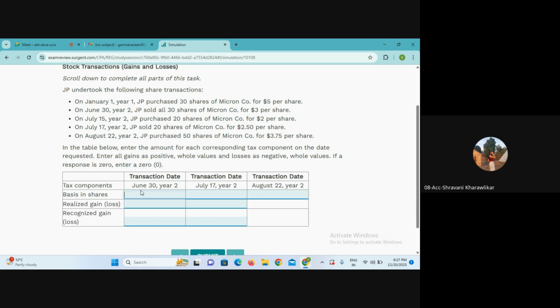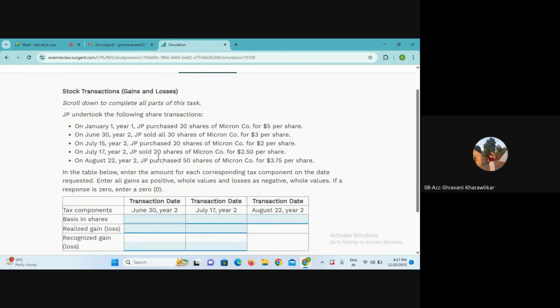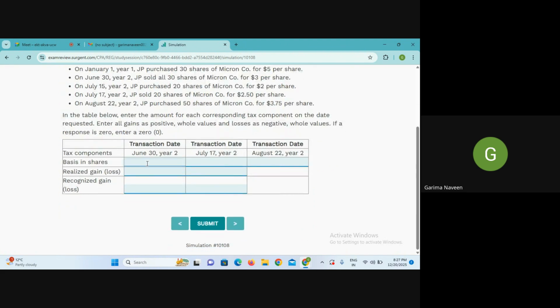Is there any amount given, or only this much? Only this, no exhibits are given. So for the basis of the shares, we will take 30 into 5, ma'am. Okay, so 30 into 5, 150.